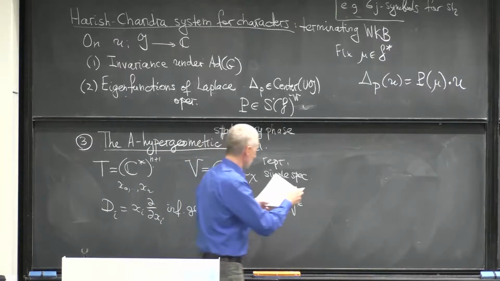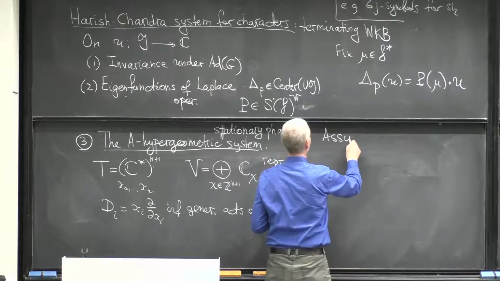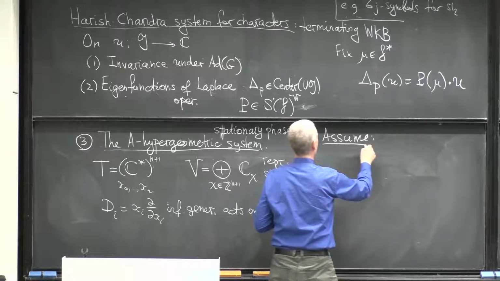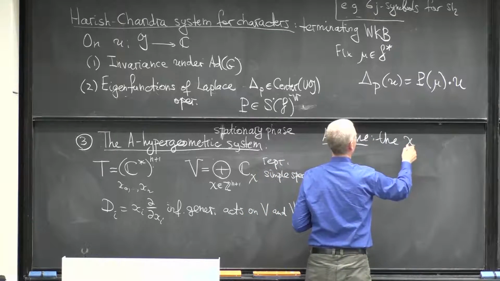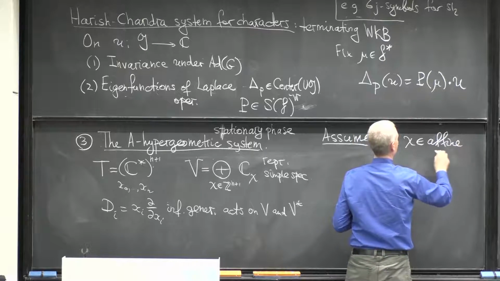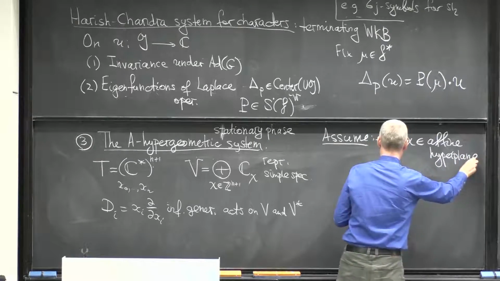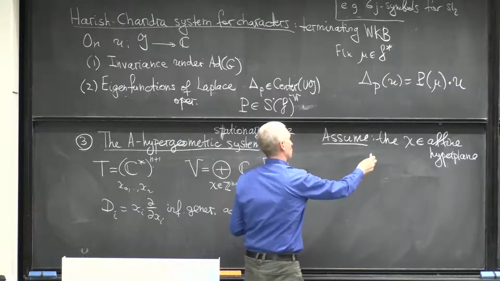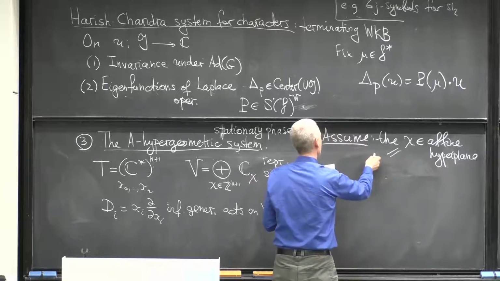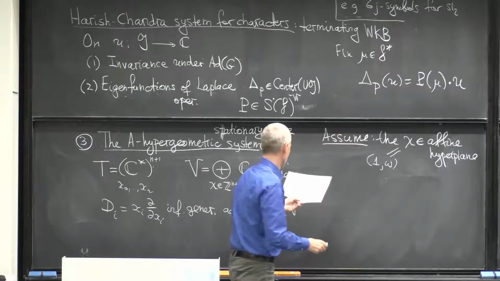In this case, we have one more assumption. We assume that chi lies in an affine hyperplane. Typically, simplifying, we say that each chi has the form where the first coordinate is equal to 1.